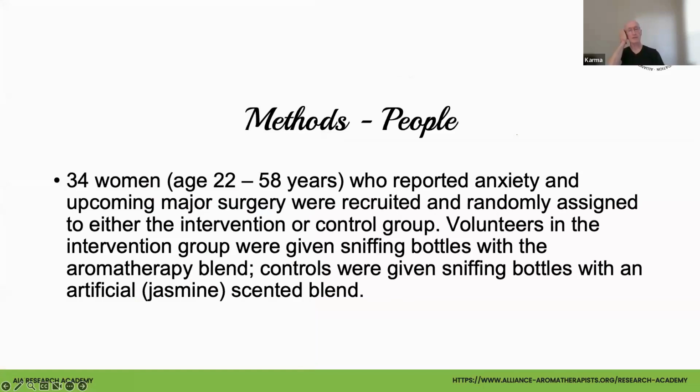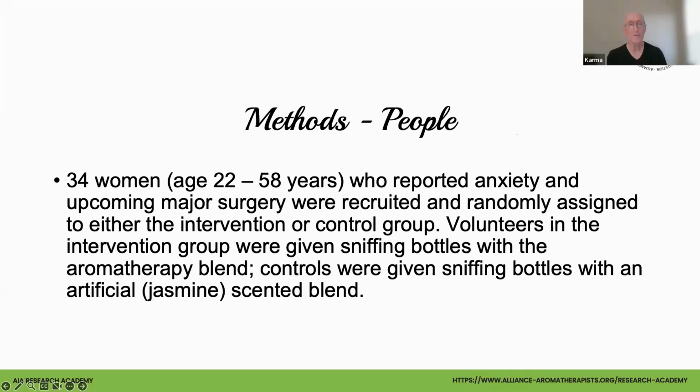Okay, here's a take on the methods on people. 34 women, so we named the number of women, aged 22 to 58 years. I just made all this up, but give the age range or whatever is necessary for your project, who reported anxiety and upcoming major surgery, were recruited and randomly assigned.